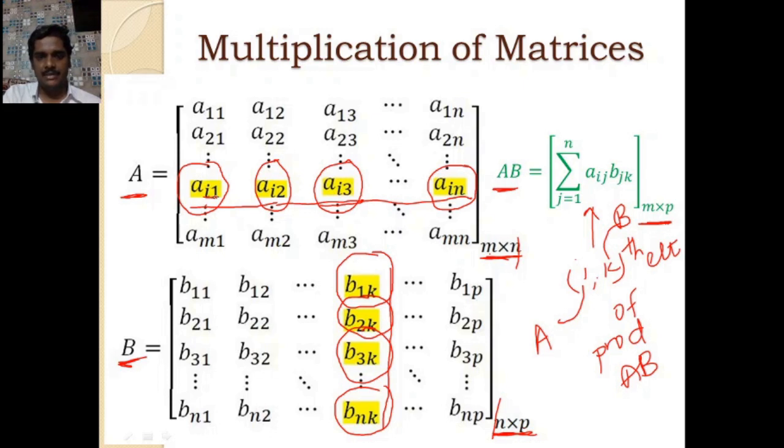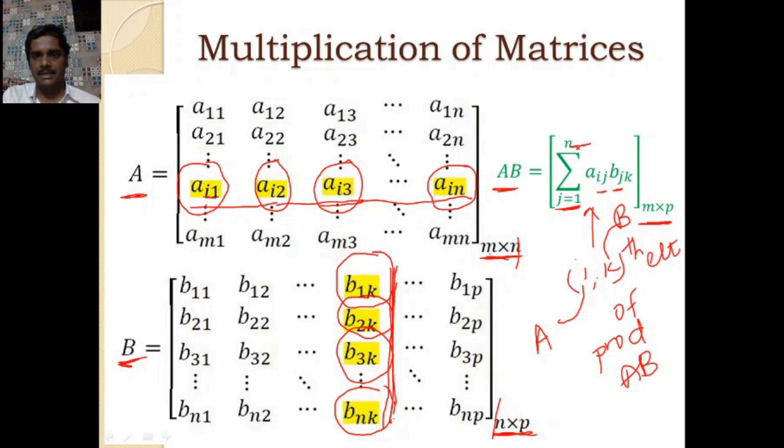Similarly, here in B, the second index k is fixed and the first index is varying from 1 to n. So that I am denoting by j over here. j is varying. j is the column index of A and j is the row index of B, which is varying from 1 to n.